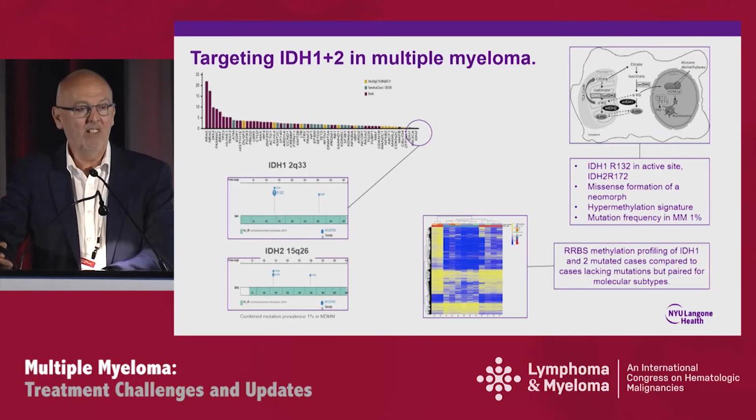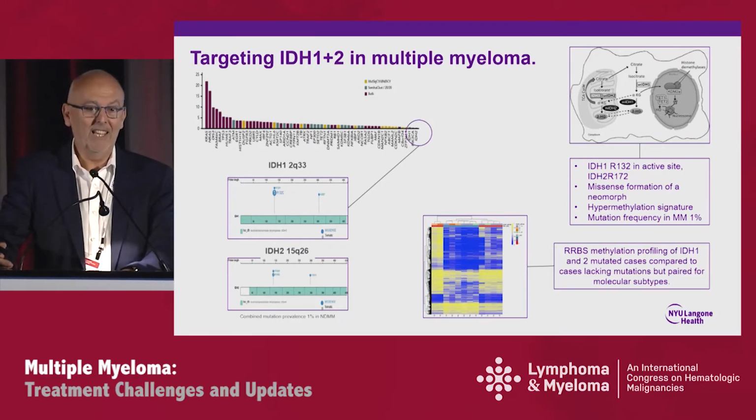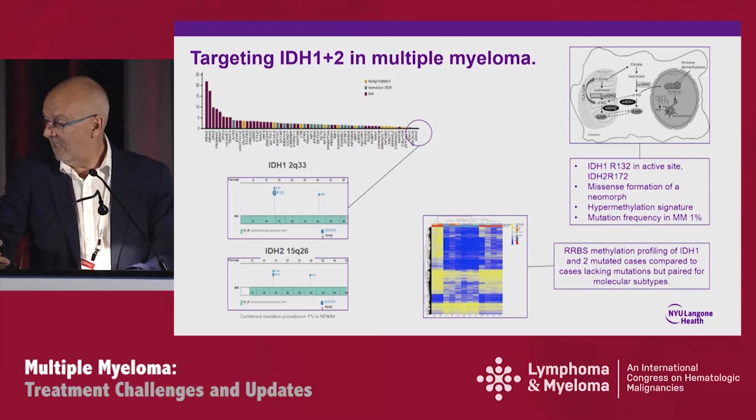And there are drugs now that manipulate this pathway. But the question is, how would you use them or identify them in myeloma when it's such an infrequent event? But we've all been in the clinic and had trouble finding a therapy for a specific patient, so it's not to be ignored.